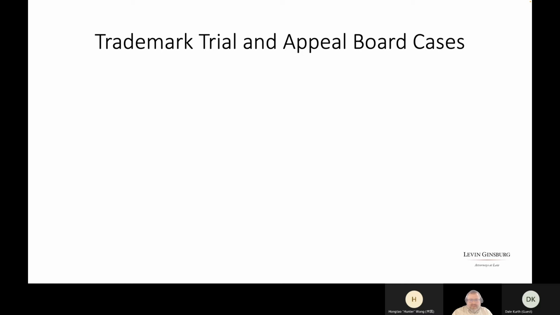A lot of the other cases, even non-precedential ones, can be brought up, but there you've got to really show what particular factors and why that particular case is important enough to be talked about. In this case, we'll be talking about some precedential ones.